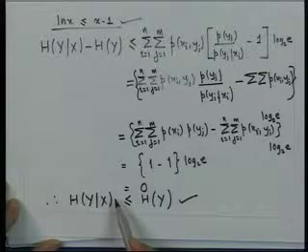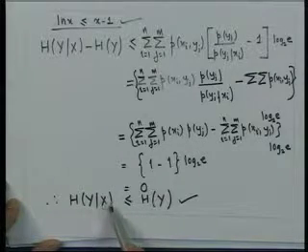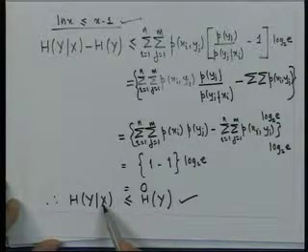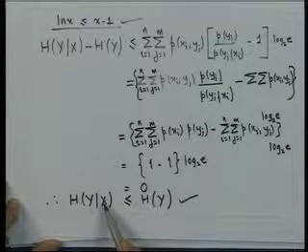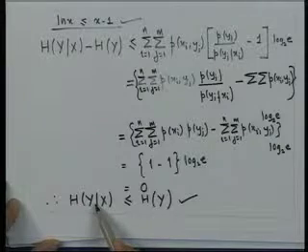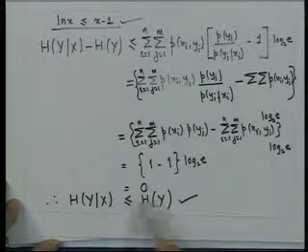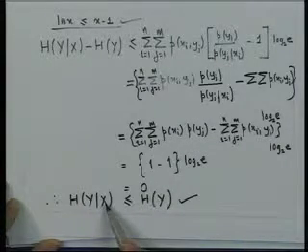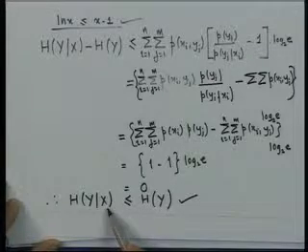Correct? So, when I have foreknowledge about the event x, the uncertainty about the event y will always be less than the uncertainty of the event y when I do not observe event x.